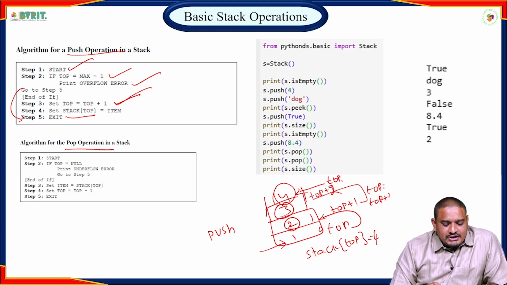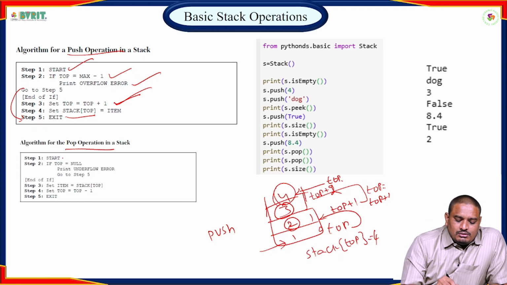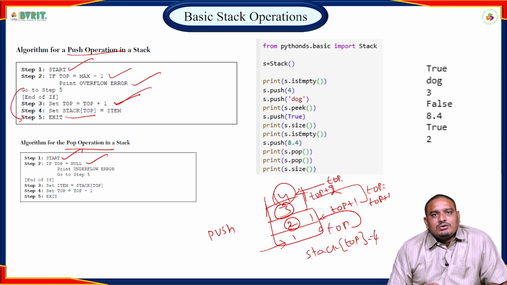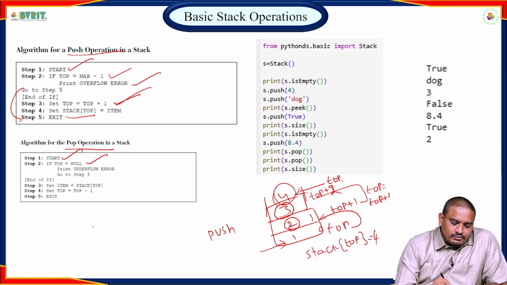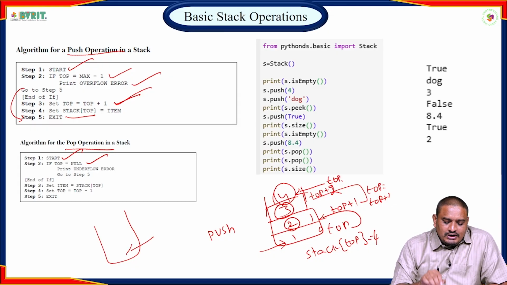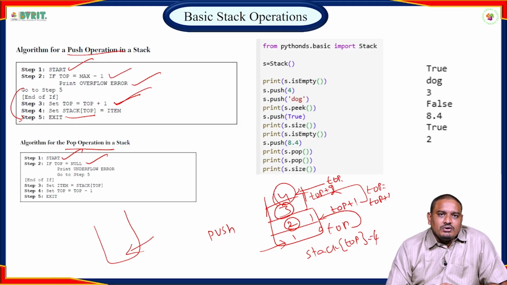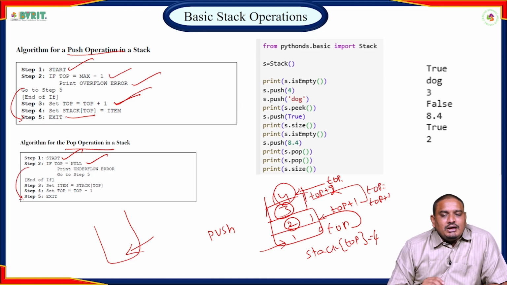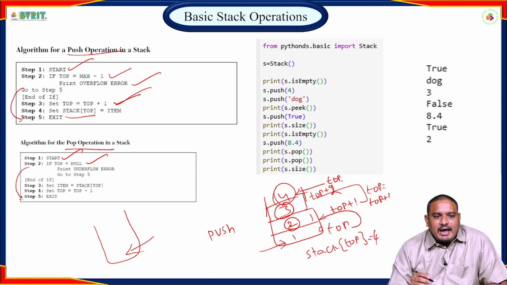What is the pop operation? Here, first step is start, second step is top equal to null. Now, if top equal to null, it means there are no elements in the stack, so exit from the stack.